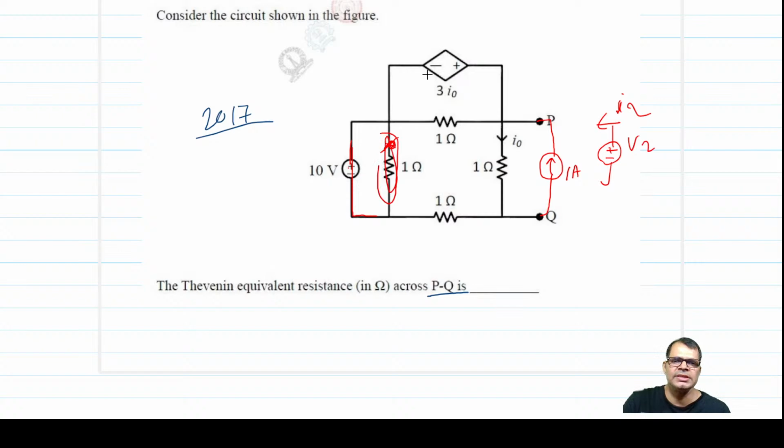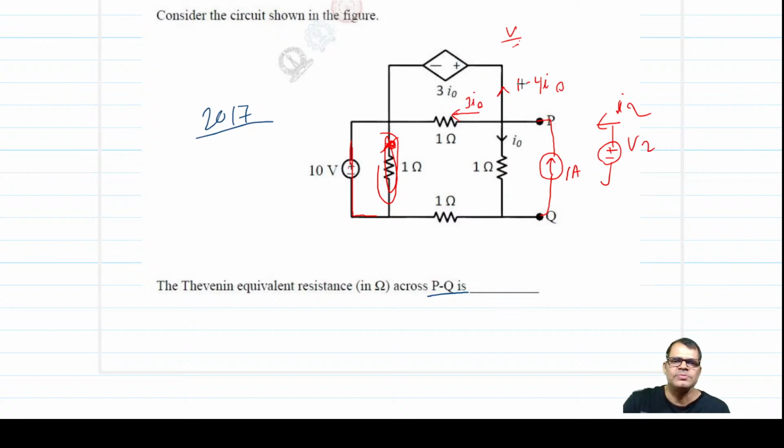Now you see that this resistor is simply across the dependent voltage source of 3I. So you can easily write this current as V upon R, that is 3I upon 1, that is 3I0. This current is I0 and 1 ampere is coming. So this current will be 1 minus 4I0.